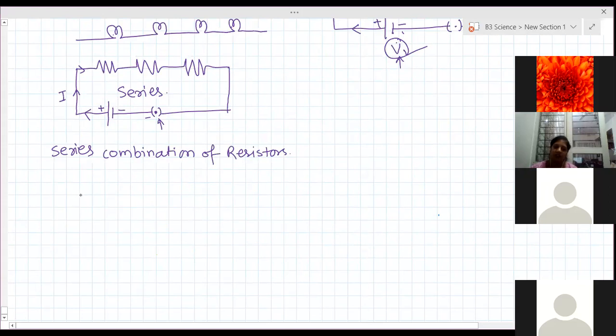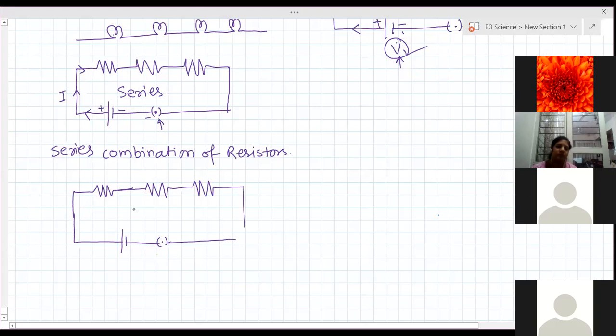Suppose three resistors, R1, R2 and R3, are connected in series to the battery, at a potential difference of V, and this is key K. The current flowing through them is I. The value of I depends on the total resistance provided by these resistors.